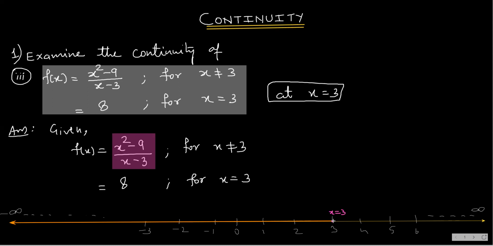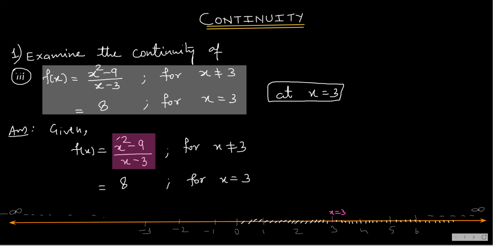In this direction on the right of x equals to 3, every point x is not equal to 3. Everywhere x is some other number, it is not 3.